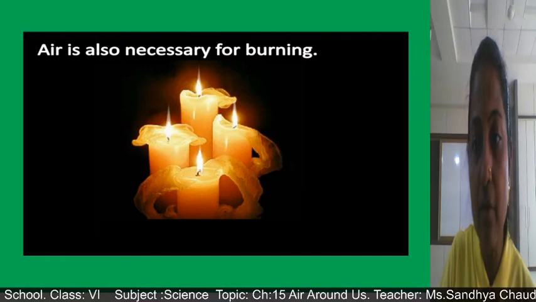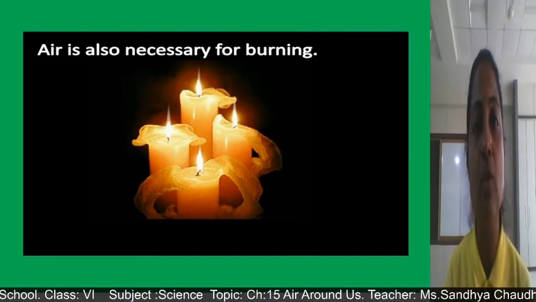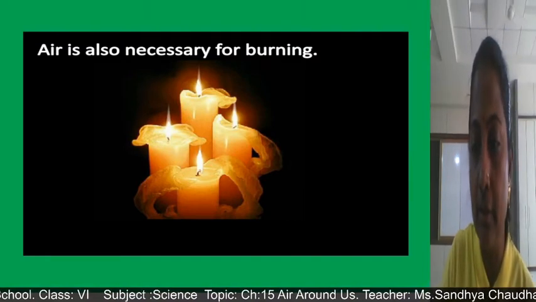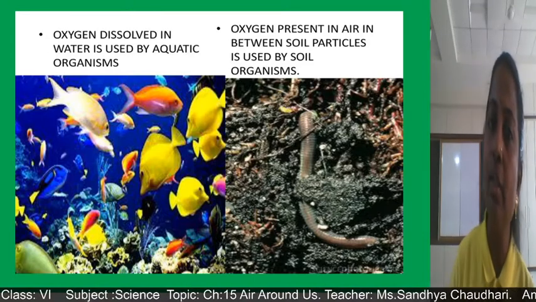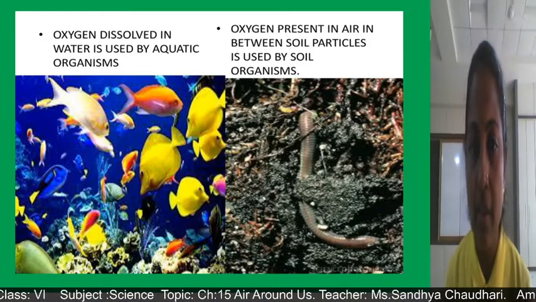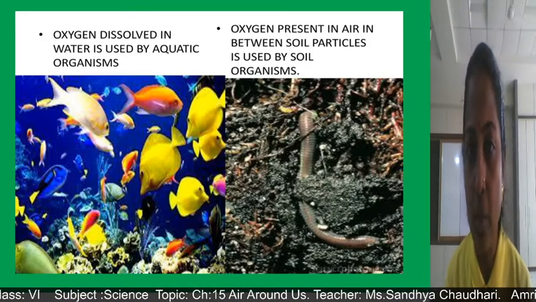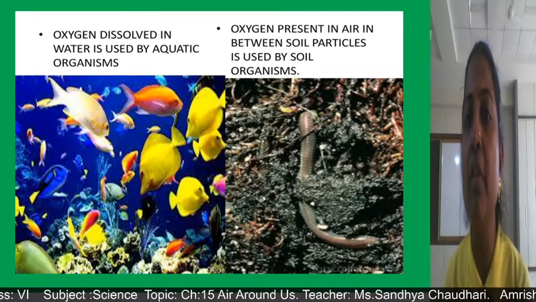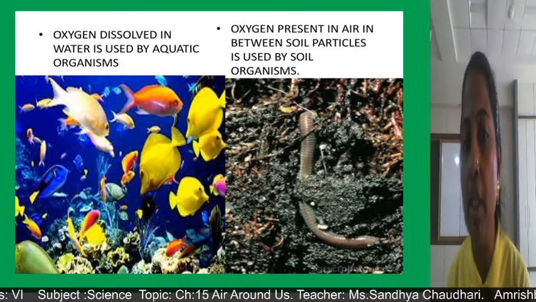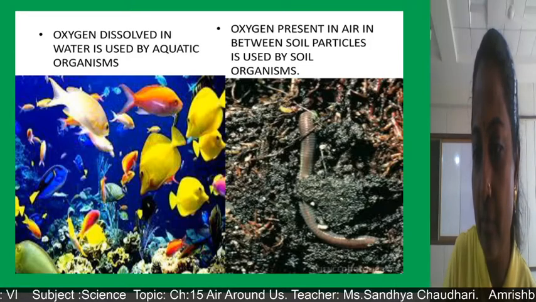We have seen, children, in the previous video also, that air is necessary for burning. We have seen that oxygen dissolved in water is used by aquatic organisms, because air is present in water as dissolved oxygen, and oxygen present in air in between soil particles is used by the soil organisms.